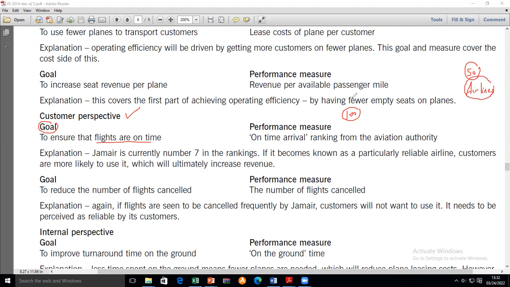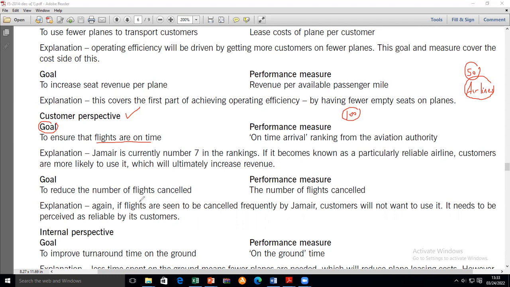So where is our ranking? Why is this important? Currently on number 7, if it becomes known as a particularly reliable airline, customers are more likely to use it. So this is an important goal and indicator.